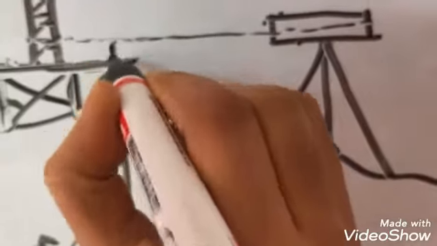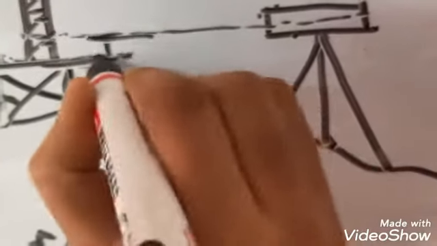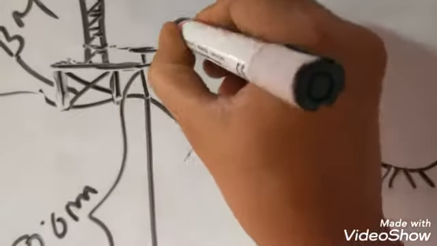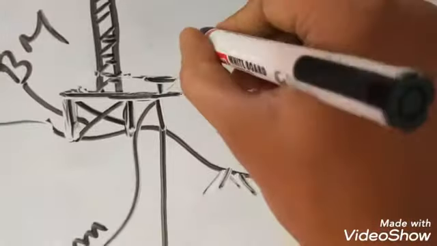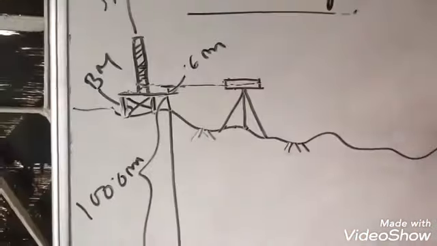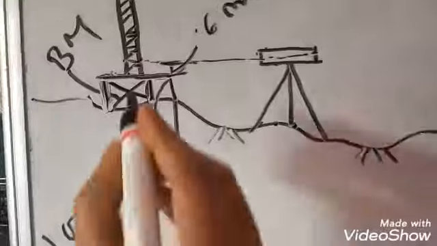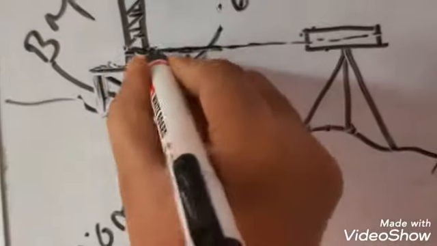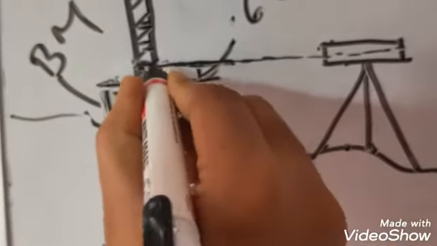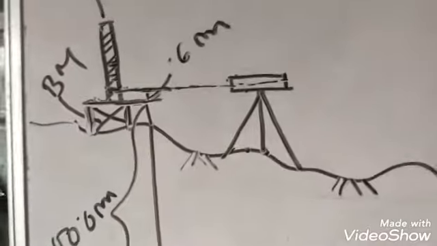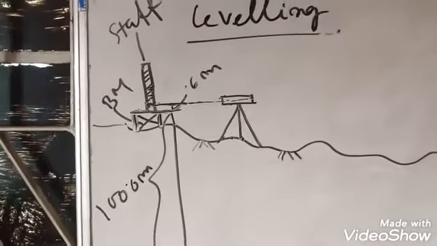This is the reading we will get. Suppose the scale shows 0.6 meter by looking at the staff through the telescope. Suppose we get 0.6 meter.